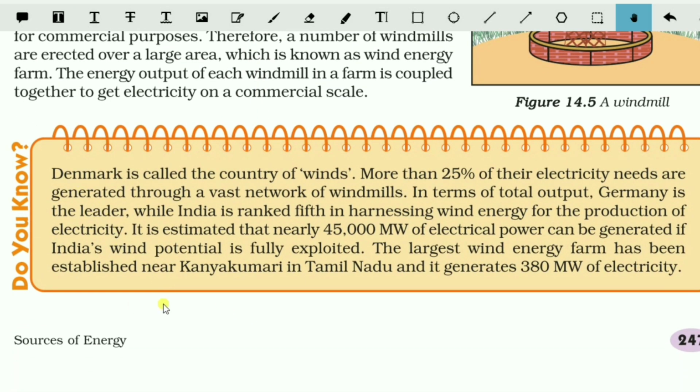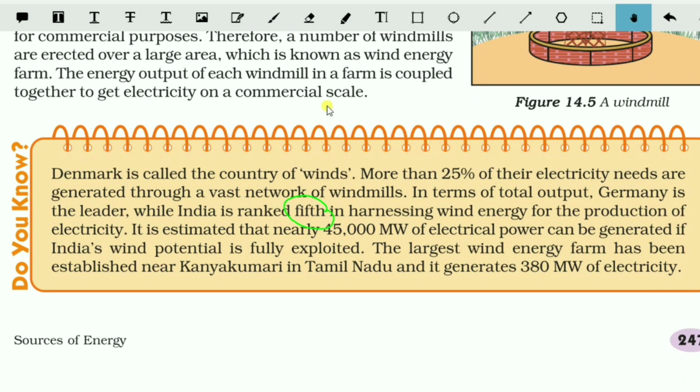Now there is a note. Denmark is called the country of winds. More than 20% of their electricity needs are generated through a vast network of windmills. In terms of the total output, Germany is the leader, while India is ranked 5th in harnessing wind energy for production of electricity.